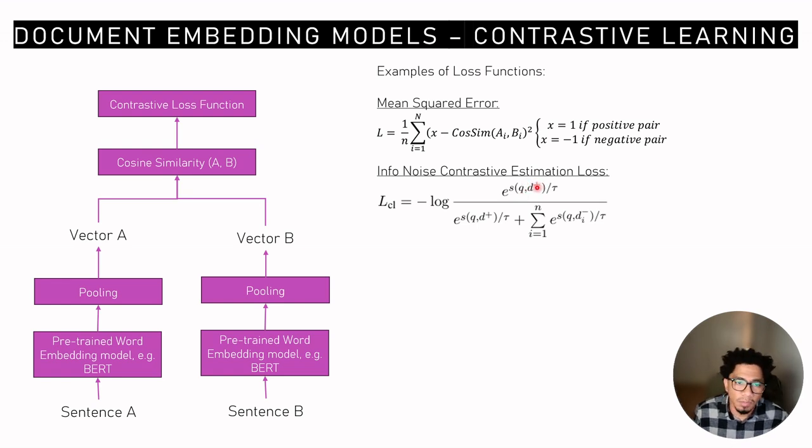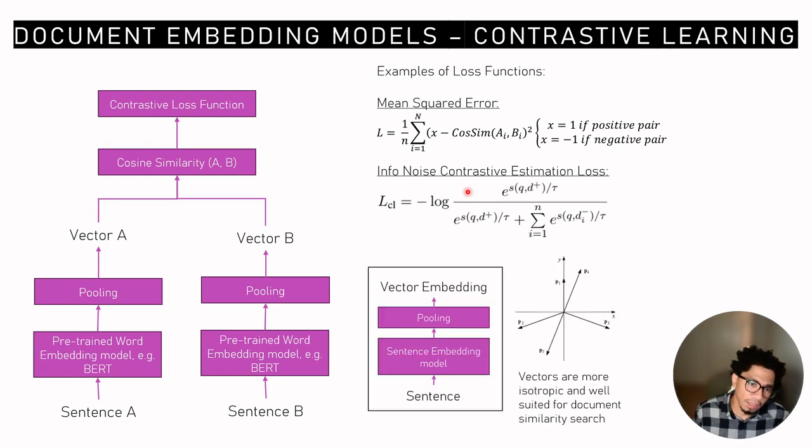And the positive means that it's a positive pair. And in the denominator, you have that same query and document, which is a positive pair. And then you have the negative pairs, so the query and other unrelated documents, right? So you sum them up. So this could be one loss function. And yeah, so you essentially want to minimize this function.